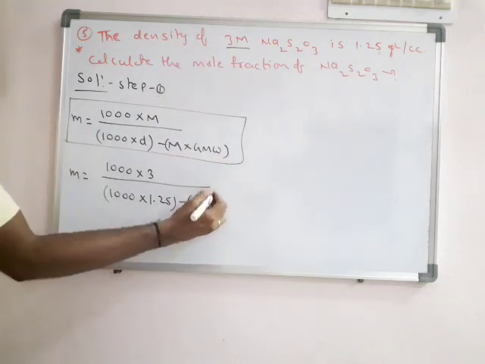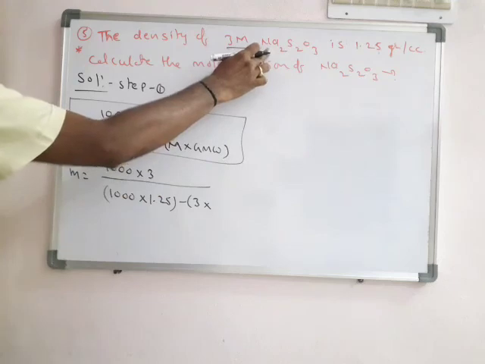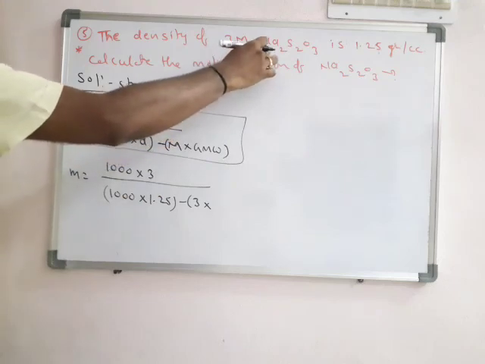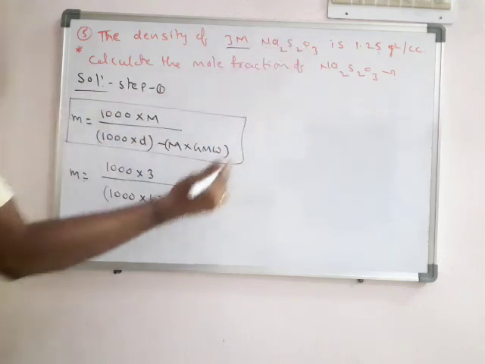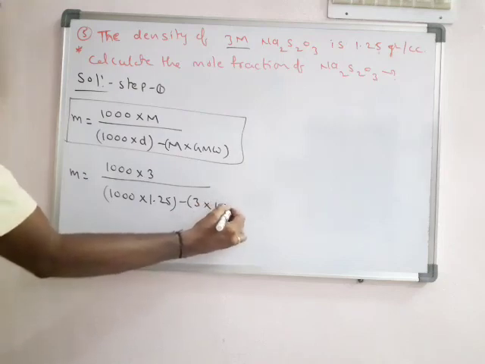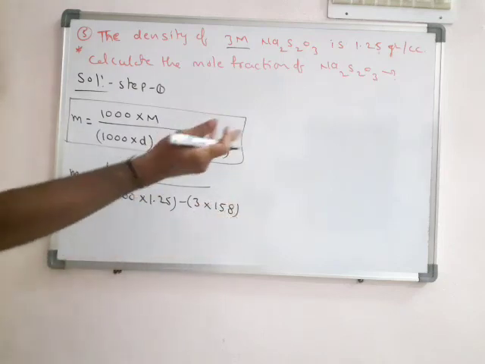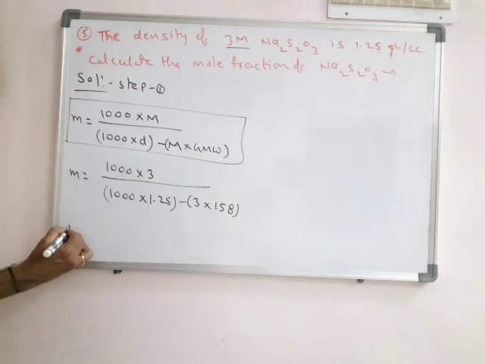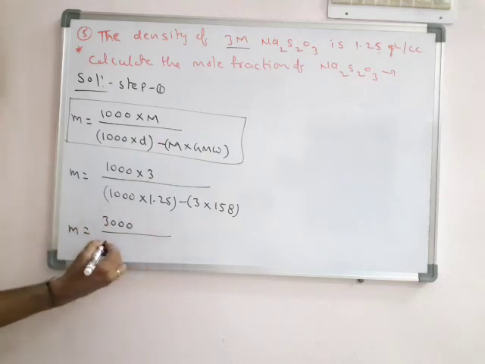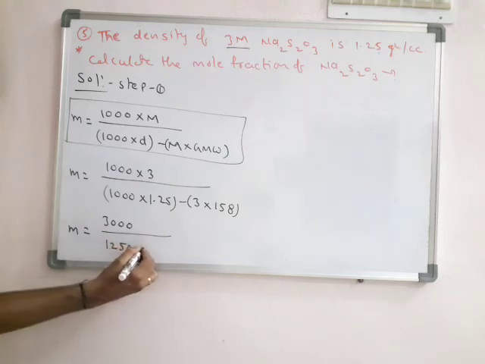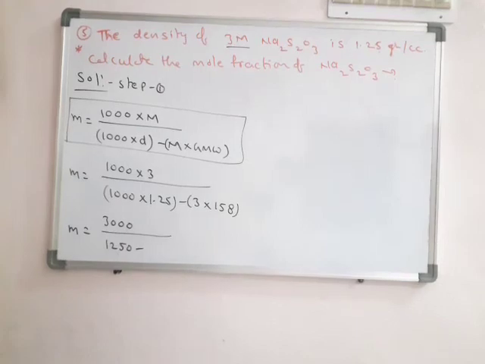What is the gram molecular weight of sodium thiosulfate? So 46 for sodium, 23 times 2, then sulfur and oxygen 48. So finally we will get 158. Okay, do the calculation on the right side. So on this we will get 474.